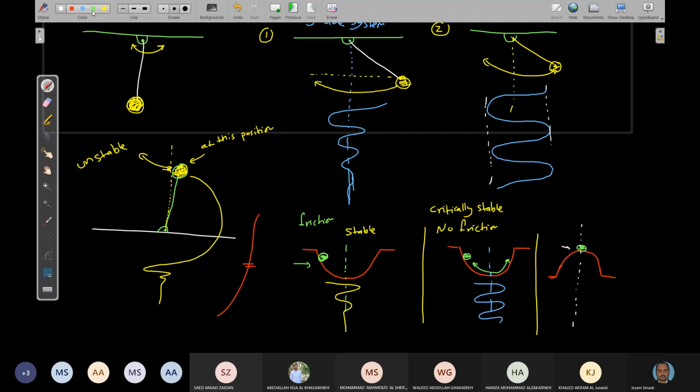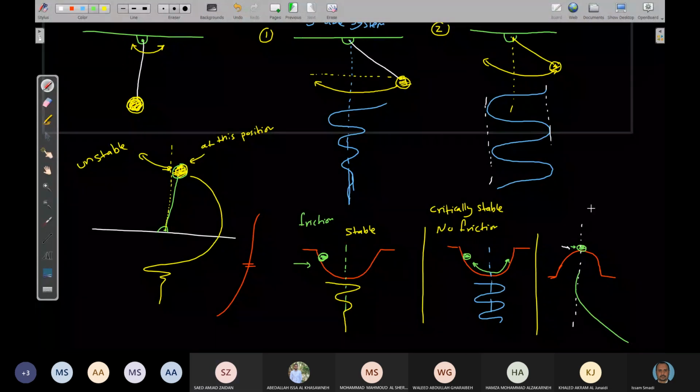In this case, if I push this ball slightly, what will happen? It will fall. Yeah, it will fall. So simply, if I plot it, it will be something like this, correct? Yes. So this system is unstable.